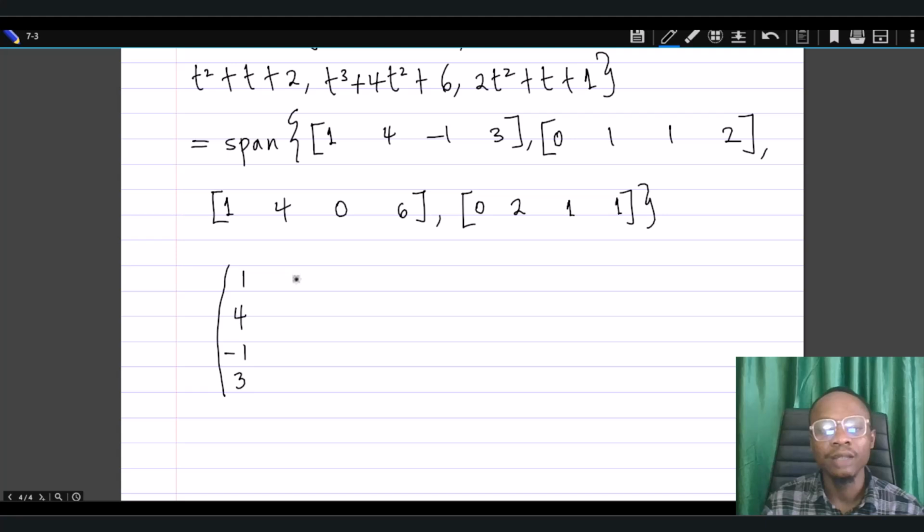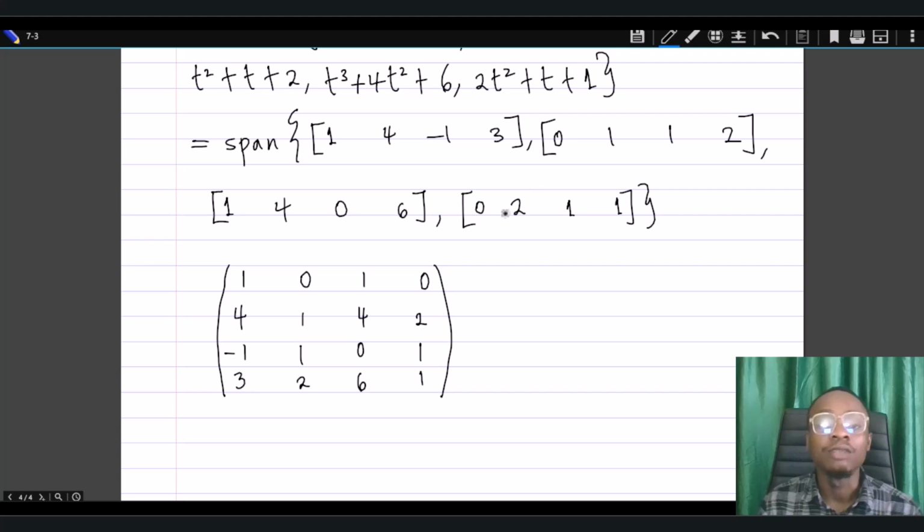Then we have this to be 0, 1, 1, and 2. Then we have this to be 1, 4, 0, and 6. Then we have this to be 0, 2, 1, and 1. Okay, so the columns of this matrix are the vectors we have here.